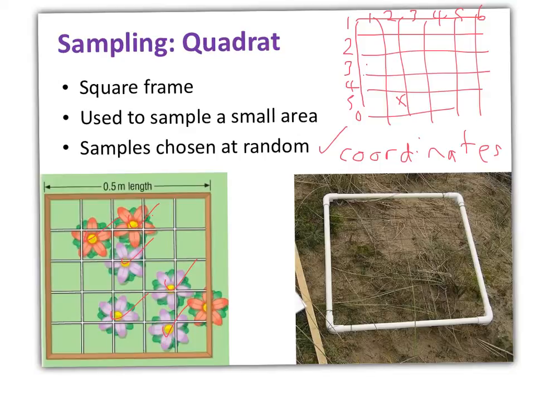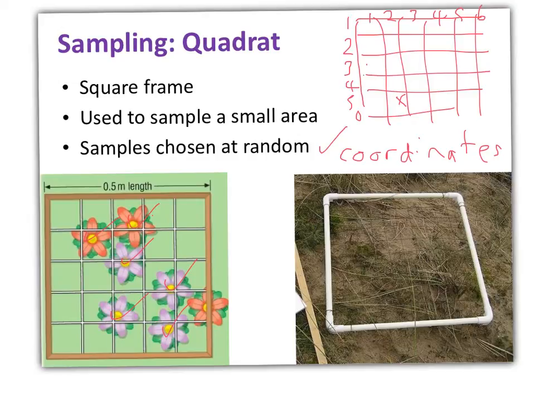We'd count the number of daisies within that quadrat. We'd do it maybe 10 times, so it's more reliable, and then we'd work out the mean number of daisies. We can then use it to estimate the population size if we knew the size of the field.